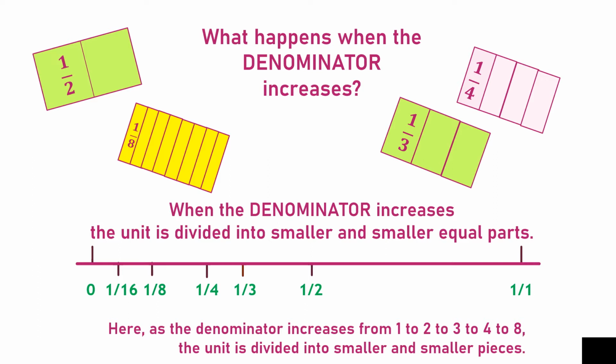Here we see the denominator increase from 2 to 4 to 8. And what happens as the number at the bottom gets larger? The pieces increase in number, but they are smaller. The unit is divided into more and more, smaller and smaller equal parts.